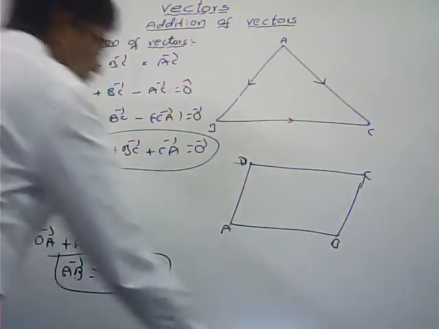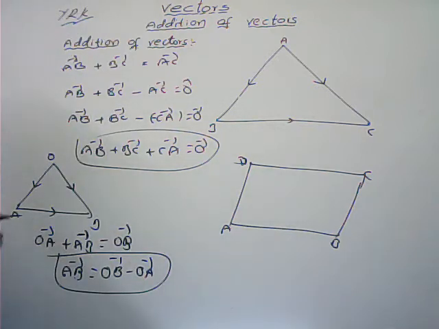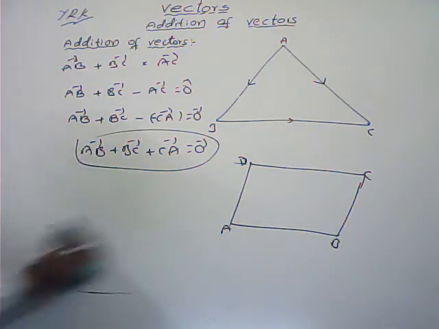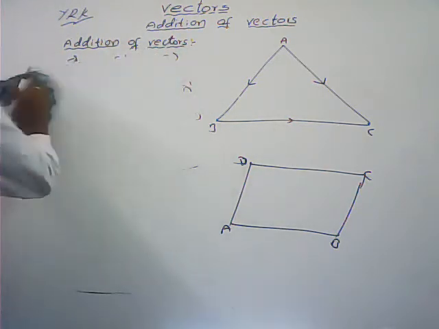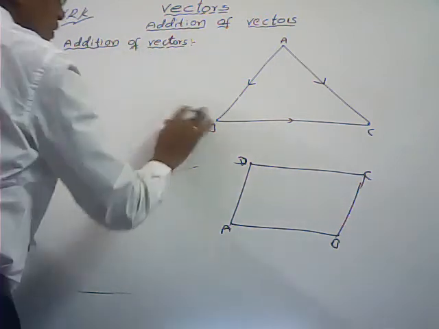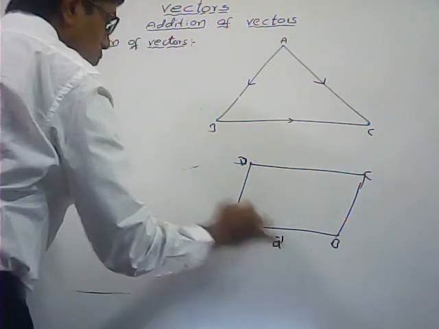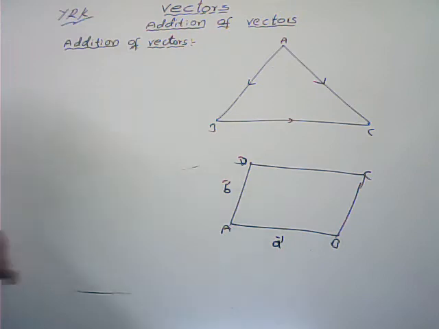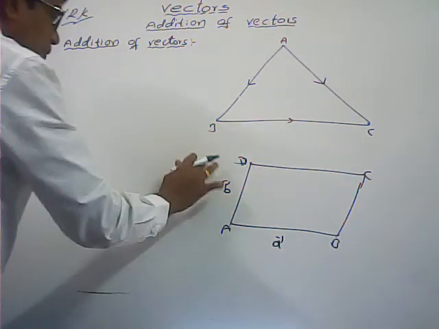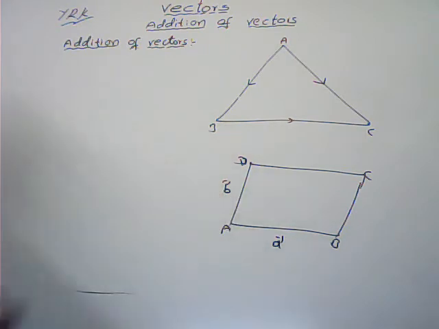So what is the parallelogram law of addition? Now here I am taking adjacent sides. This one I am taking as a bar, this one as b bar. Two vectors a bar, b bar representing the two adjacent sides of a parallelogram.